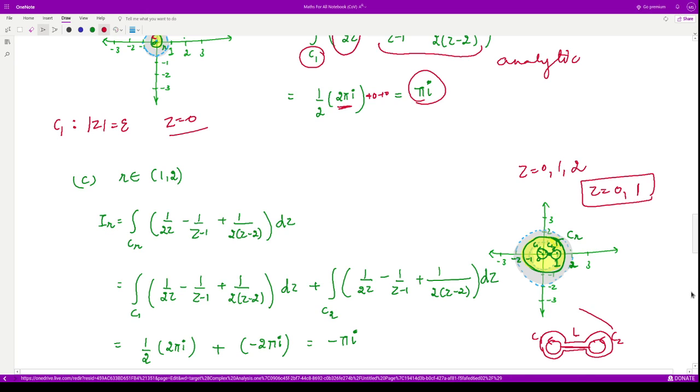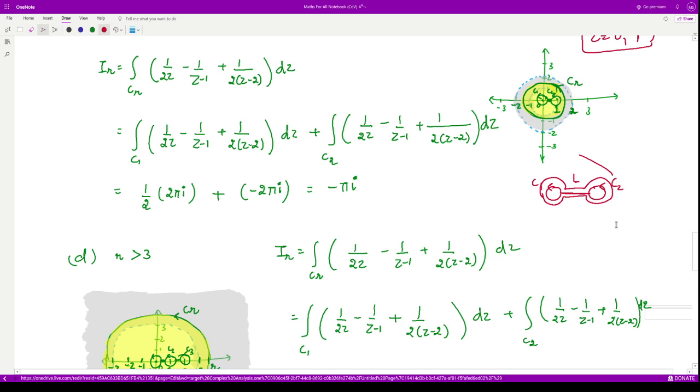So here we can perform the integration with respect to C1 and C2, right? Again this L and minus L would cancel, so we are only left with C1 and C2.